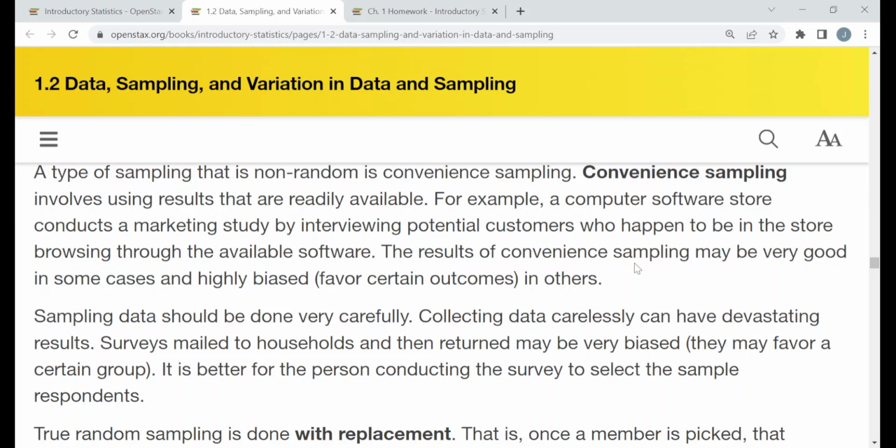The study was supposed to be interviewing potential customers, so you're not getting a sample that represents the population very well. If you're trying to interview potential customers and you're just going to the folks that are already in the store, you're leaving a lot of the population unrepresented. You're leaving a lot of the population out when you perform convenience sampling using data that are readily available, not random.